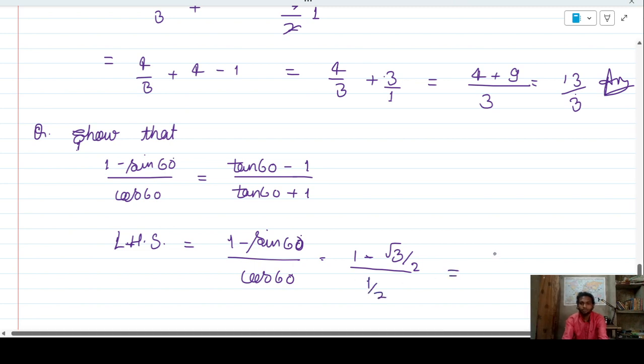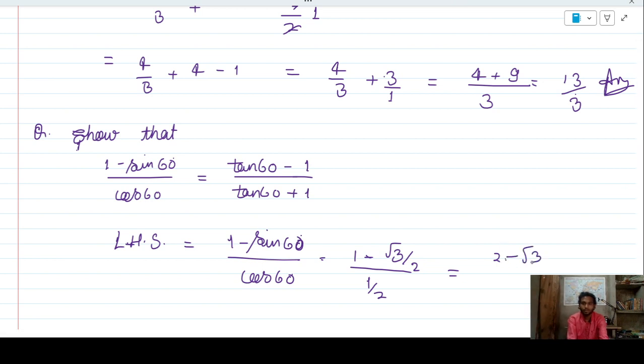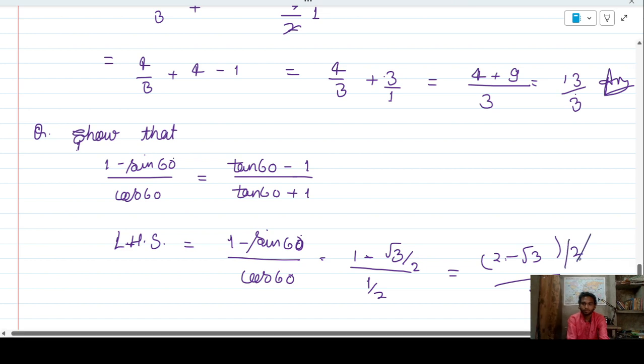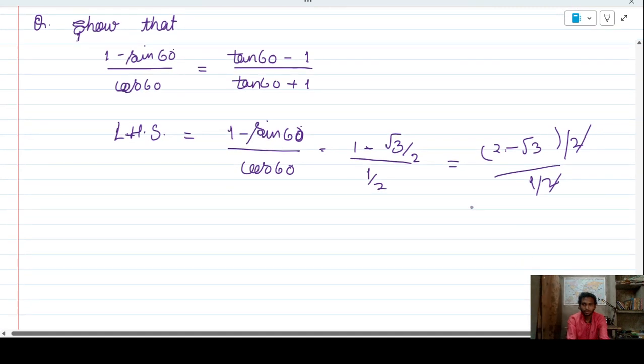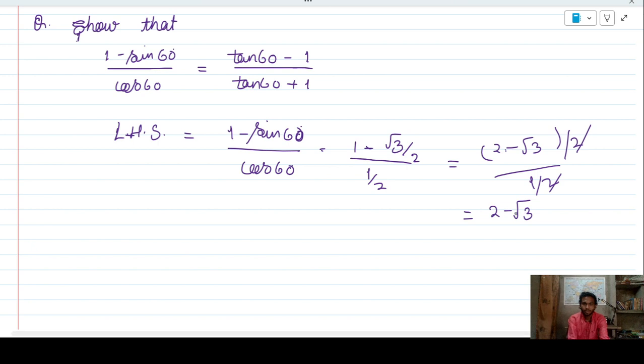Solve by LCM: 2 minus root 3 upon 2, and 1 upon 2. 2 and 2 cancel, then 2 minus root 3.